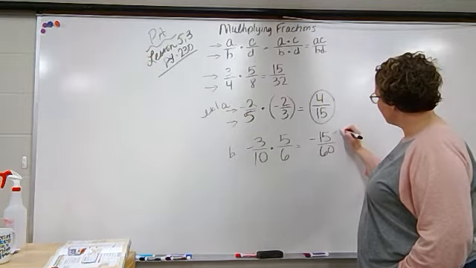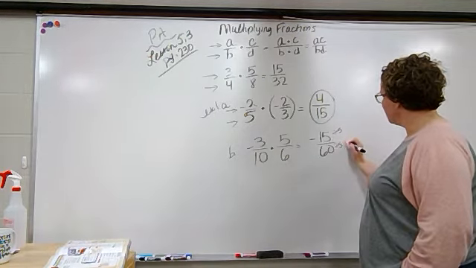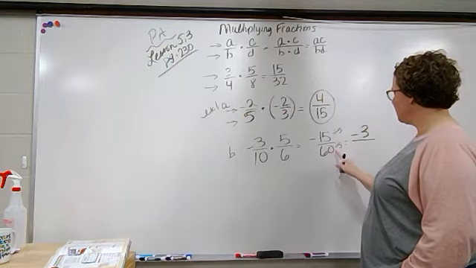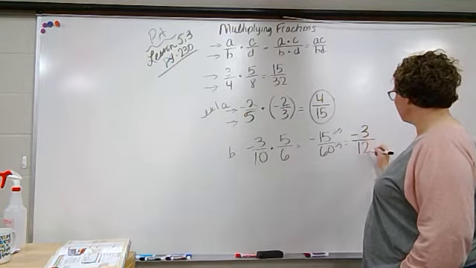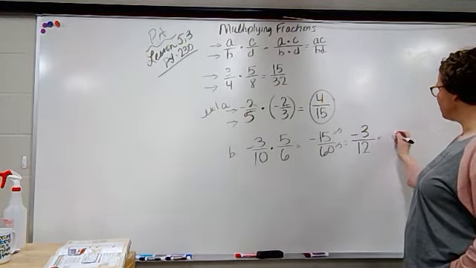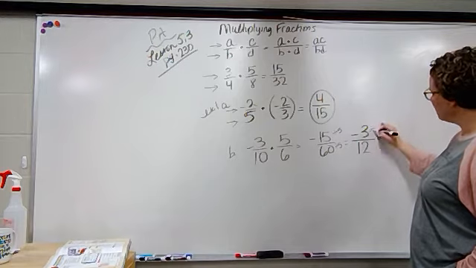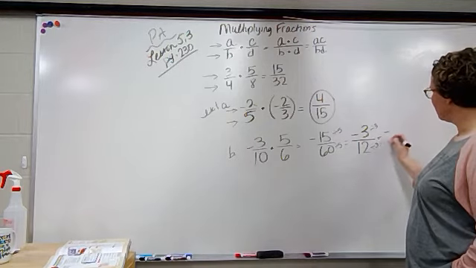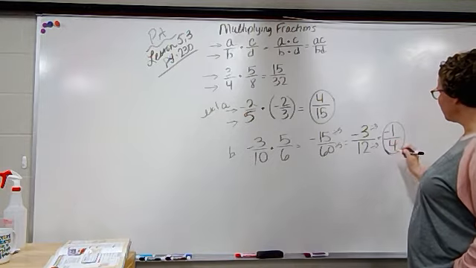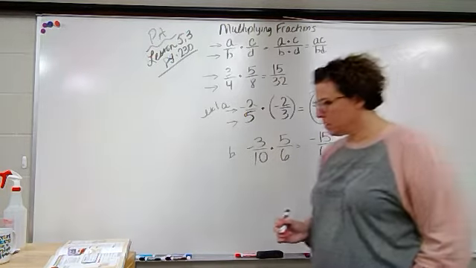I'm going to start by dividing by 5 to see where I get. 15 divided by 5 is 3. 60 divided by 5 is 12. Oh, look at that. 3 goes into 12, so I can simplify this even further. I'm going to divide it by 3. I've still got a negative, -1 over 4. My final answer is -1/4.